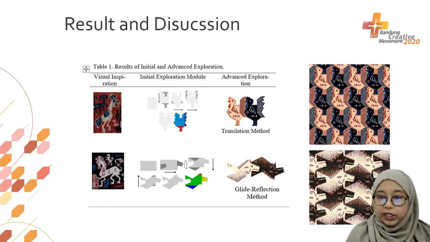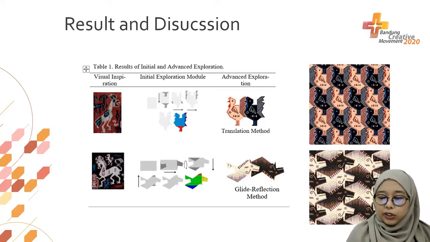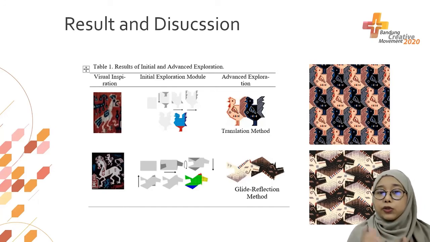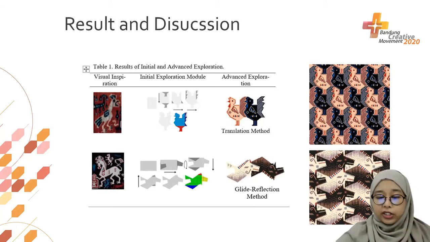And we used Sumba woven textile elements like a hand and a horse, applying them to those methods: translation, reflection, rotation, and glide reflection.